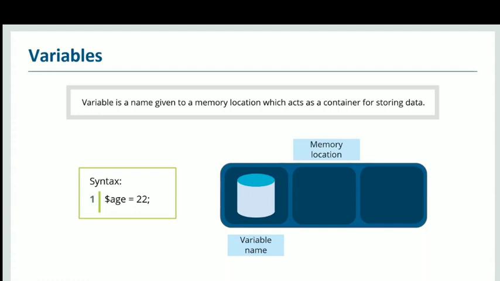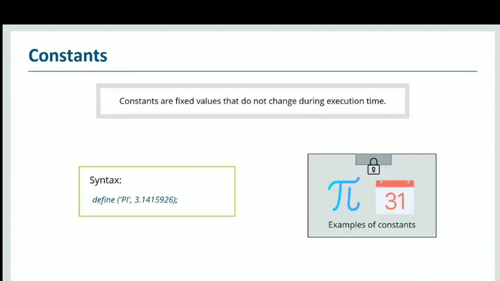So we are going to name this memory location age, and the value it's going to store is going to be 22. Now how you do that in PHP is basically say $ and then the name of the variable, which is age out here, and then you assign the value with the equals to operand, and then you go, this value is 22. Okay, so that was variables.